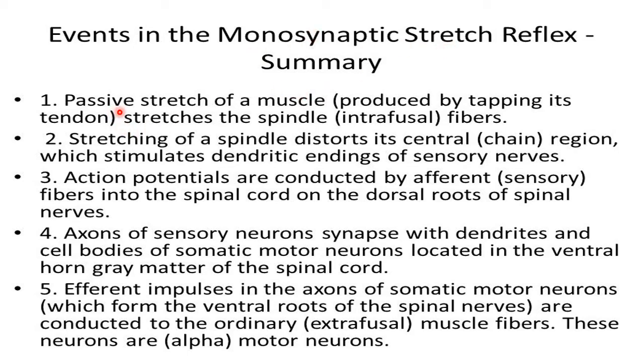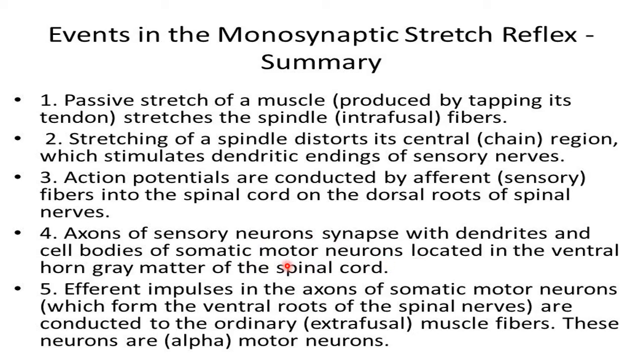Summary is here. The passive stretch of the muscle produced by tapping a tendon, then intrafusal stretching of the muscle spindle occurs. Second point, once the stretching of the spindle distorts its central region, it stimulates sensory nerves. Action potential is generated and conducted by the afferent nerve to the spinal cord. The axons of the sensory neuron synapse with the dendrites of the somatic motor neuron.